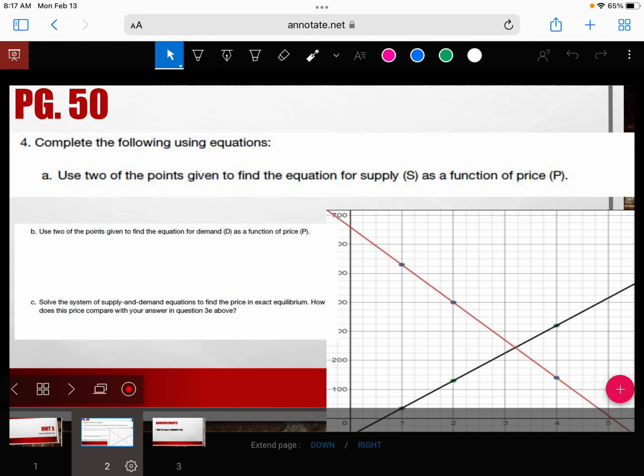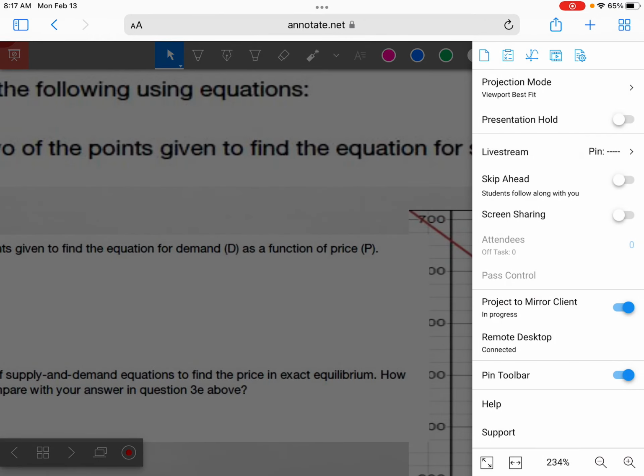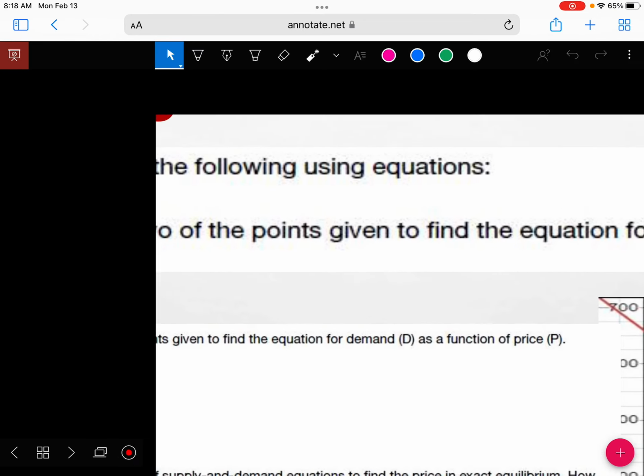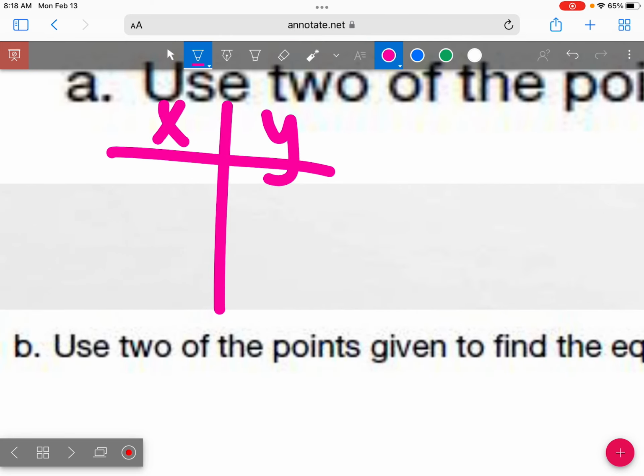So looking at our table, our table was X, Y. What 2 points would be best to use?